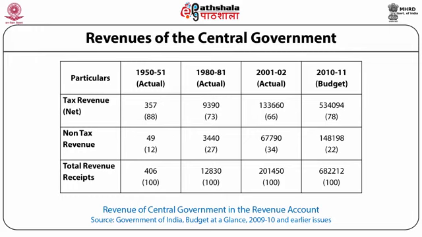And the non-tax revenue increased from 49 crores in 1950-51 up to 1,48,198 crores in 2010-2011. And when we look at the total revenue receipts, it was just 406 crores in 1950-51, which rose to 6,82,212 crores.